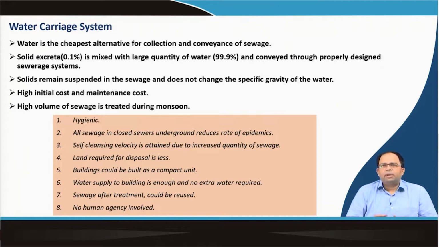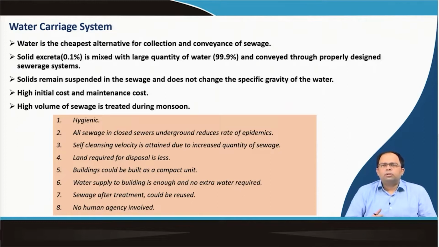When we use water, for the design of the pipelines and all, we go with the assumption that the sewage that we are carrying is basically 99.9% water, and solid excreta is more or less just 0.1%. That basically means that we would be designing the system mostly considering that we would be carrying water throughout the system, even though we need to also understand that it is not exactly water.